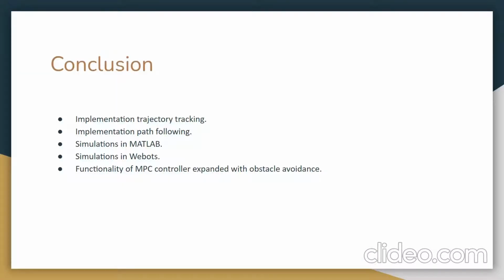In conclusion, we want to state that all the initial objectives were achieved, and we have implemented trajectory tracking algorithm in time domain and path following algorithm in spatial domain. All the algorithms were simulated in Matlab and in VBots simulator, and we expanded our MPC controller with obstacle avoidance.